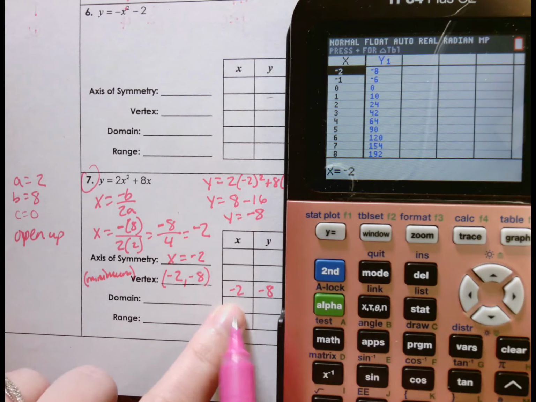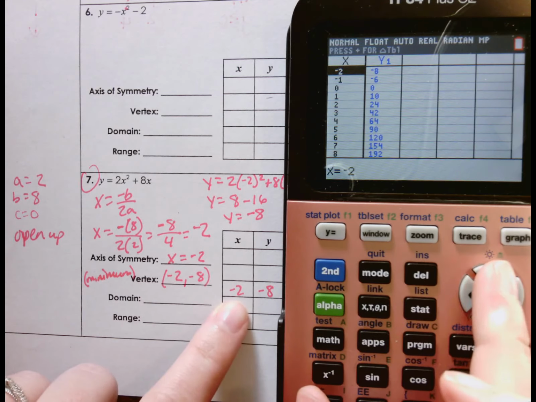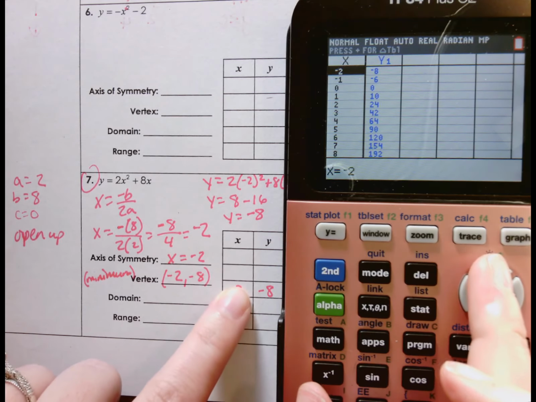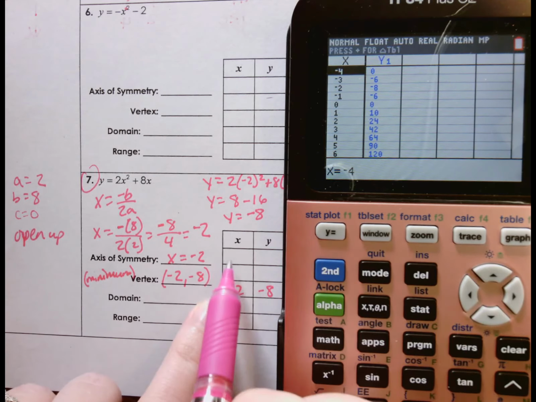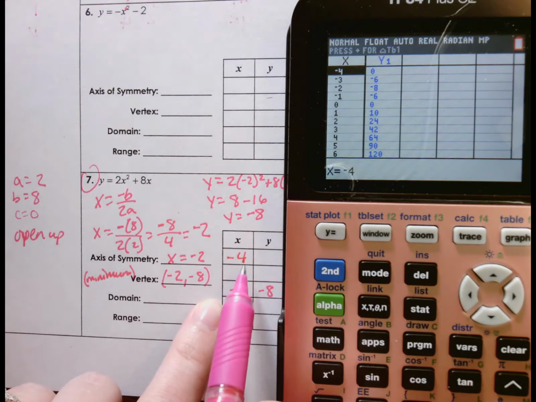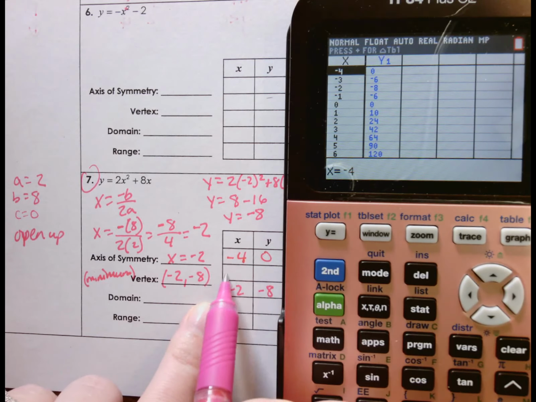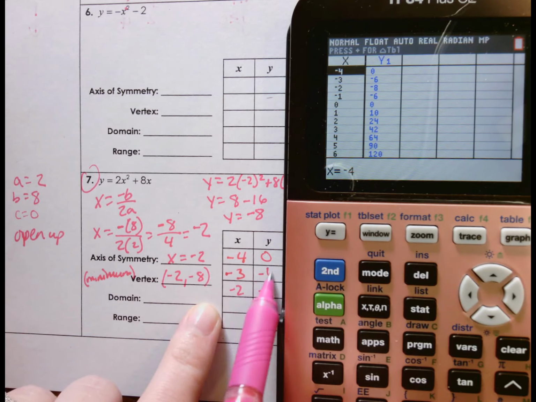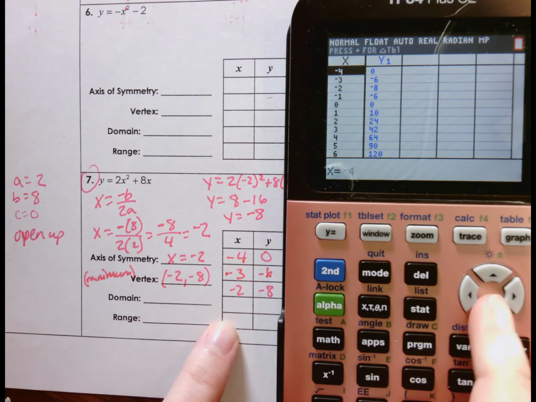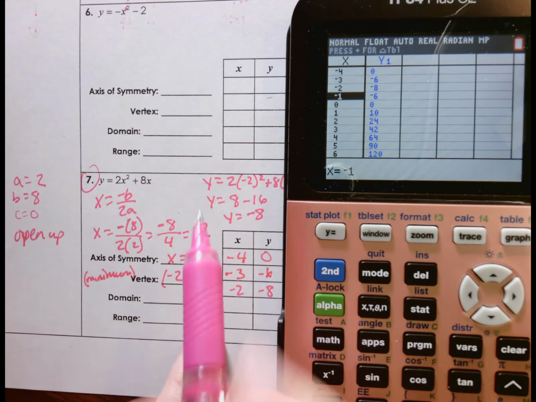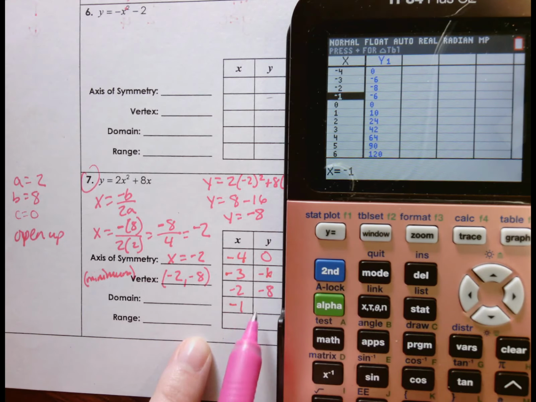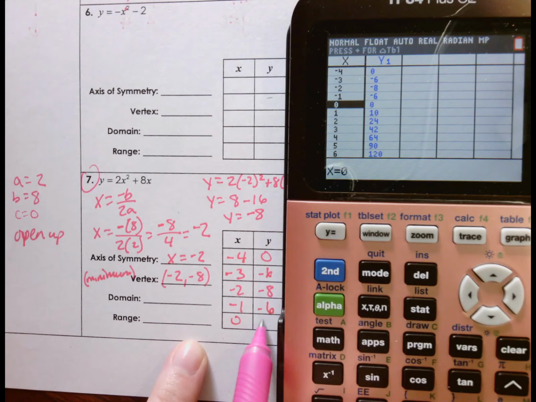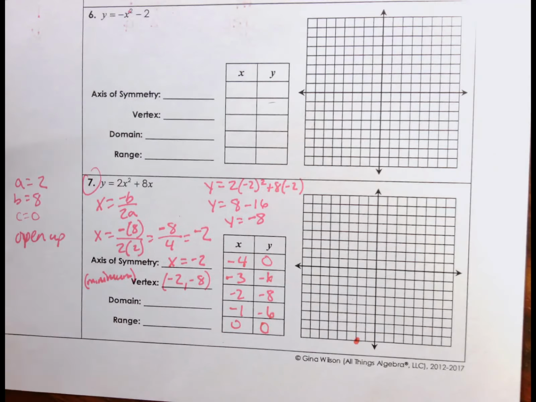I have negative 2 as my vertex. I'm going to go 2 places up, so I'm going to go to negative 4 and plug in 0, and negative 3 and plug in negative 6. And then I'm going to go below that. Negative 1 is negative 6 and 0 is 0. Those are all the points that I wanted to fill in.